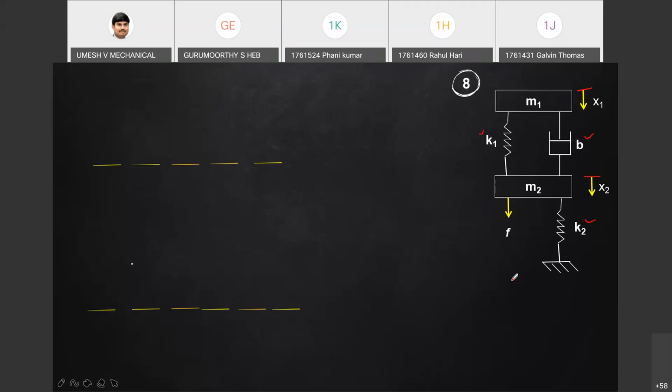Here directly I would like to write for x1 double dot, b1 dot, plus minus x2 dot, x1. This is one equation.